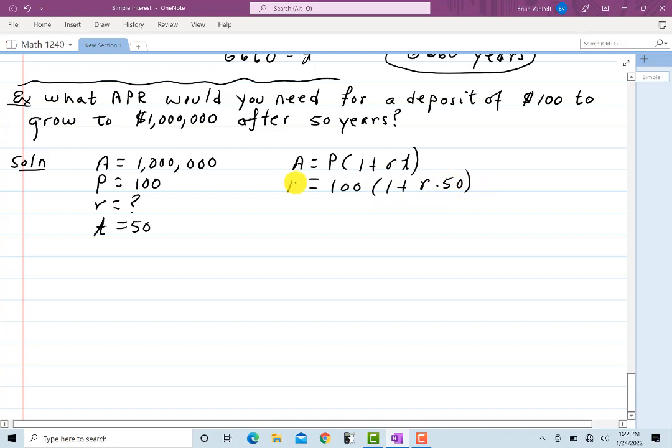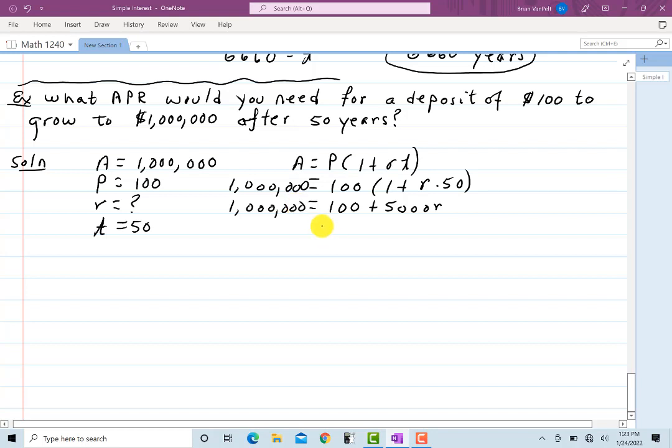A was what, 1 million? All right, let me distribute as I have all the other problems. Now I can take the 100 and multiply it to the 50. So I add 2 zeros to the 50 and I'll get 5,000 R. That'll equal 1 million.